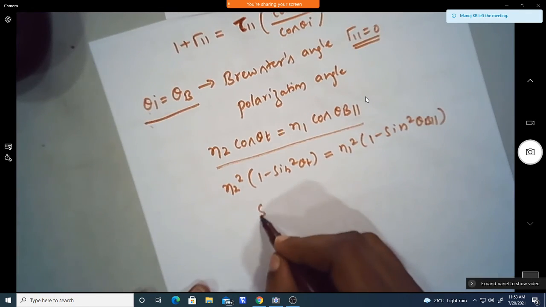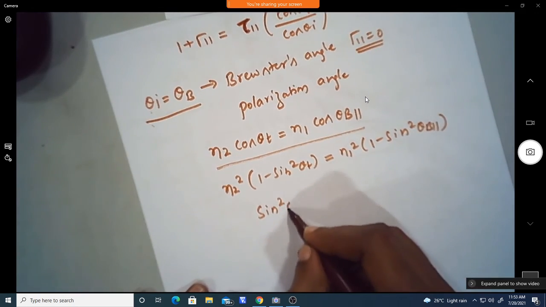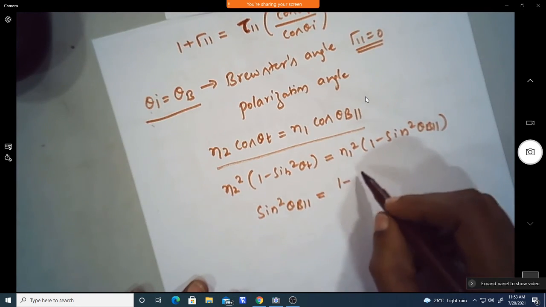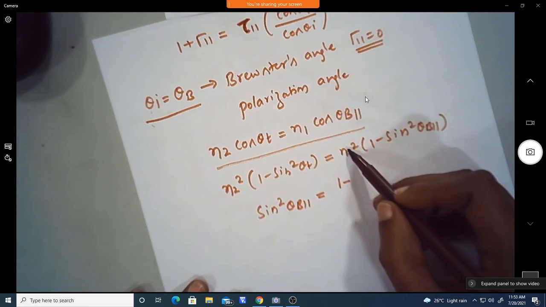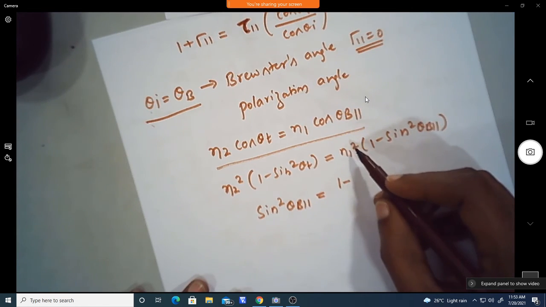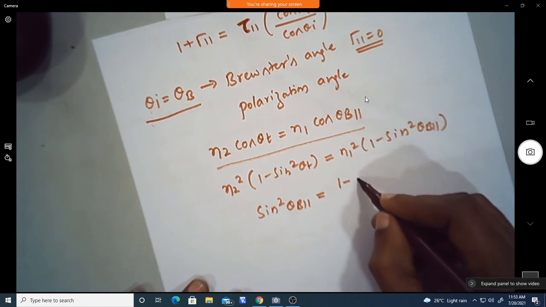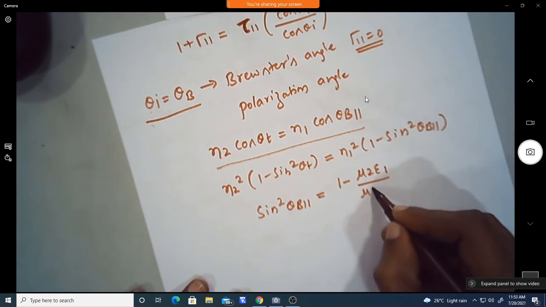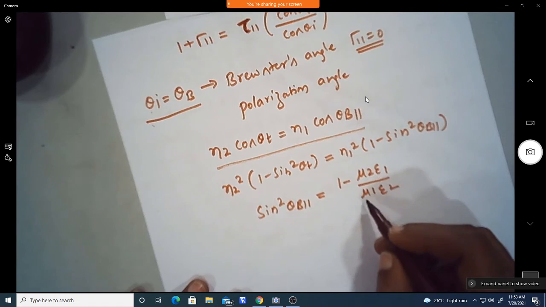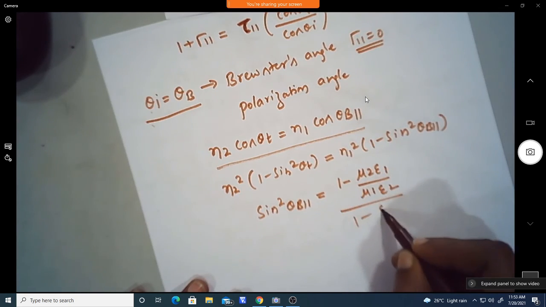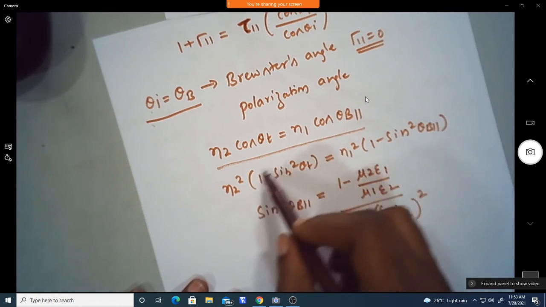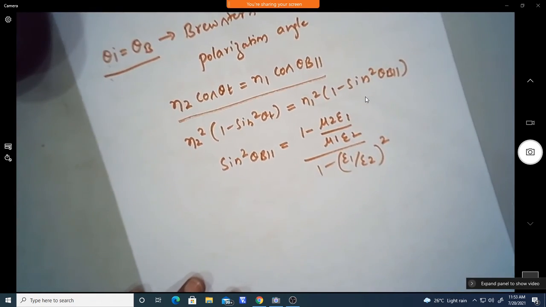We can then find the Brewster angle: sin square theta B parallel equals 1 minus mu 2 epsilon 1 divided by mu 1 epsilon 2, divided by 1 minus epsilon 1 by epsilon 2 whole square, replacing the refractive index in terms of the medium parameters.